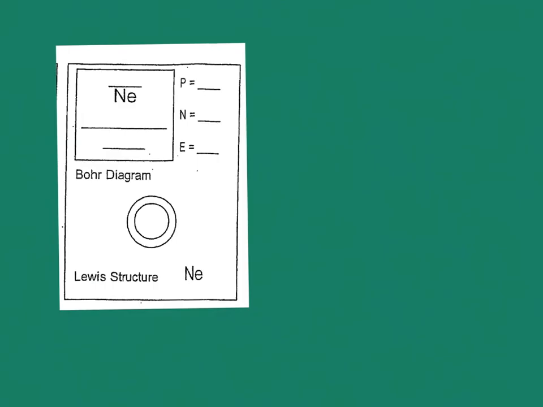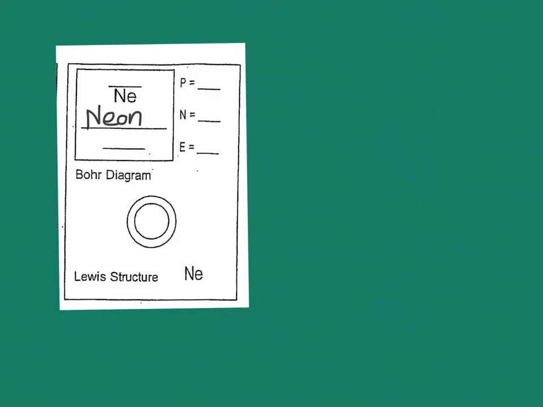So let's work an example from our Lesson 3 worksheets. This is a little clip of one of the boxes you need to complete, and this clip is of neon. I'm going to write, first, its atomic name, neon.